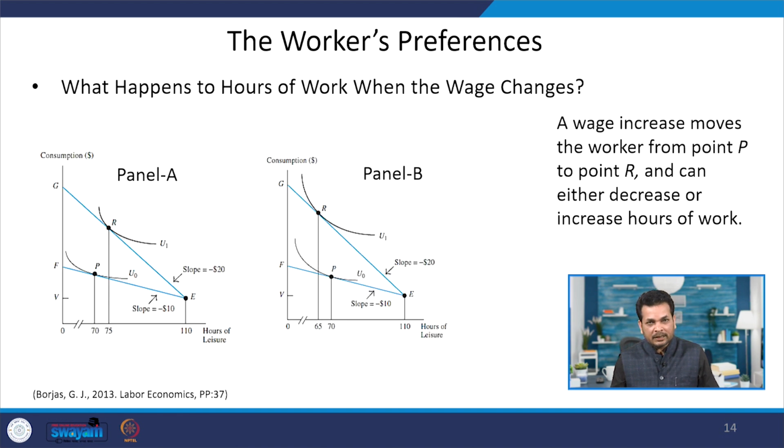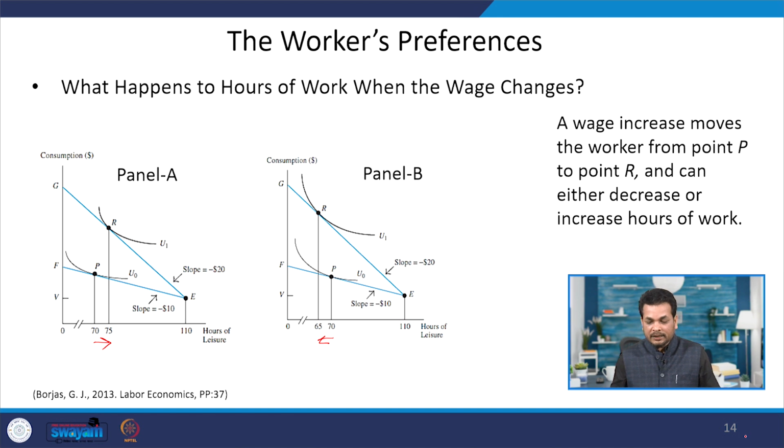So, when we compare these two situations, in panel A the leisure hours have increased due to the change in the wage. In panel B, the leisure hours have reduced due to the increase in the wage rate.